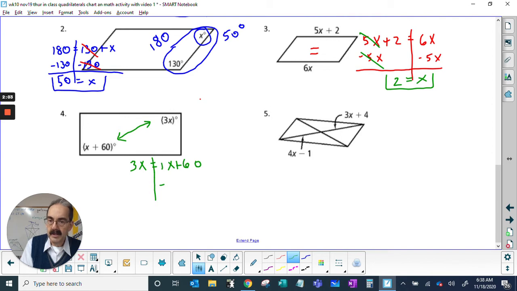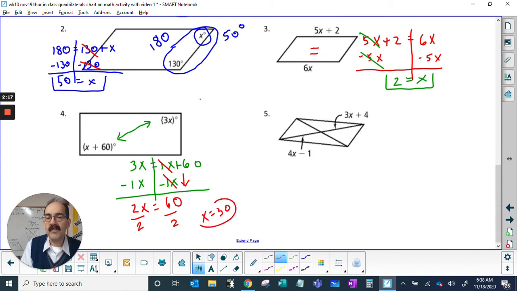Now I know they don't write the 1 there, but it is. It's 1x. So we're going to subtract 1x from both sides, leaving us with 2x equals, bring down the 60. What's the opposite of multiply? Undo the multiplication. We have to divide. x equals 30.